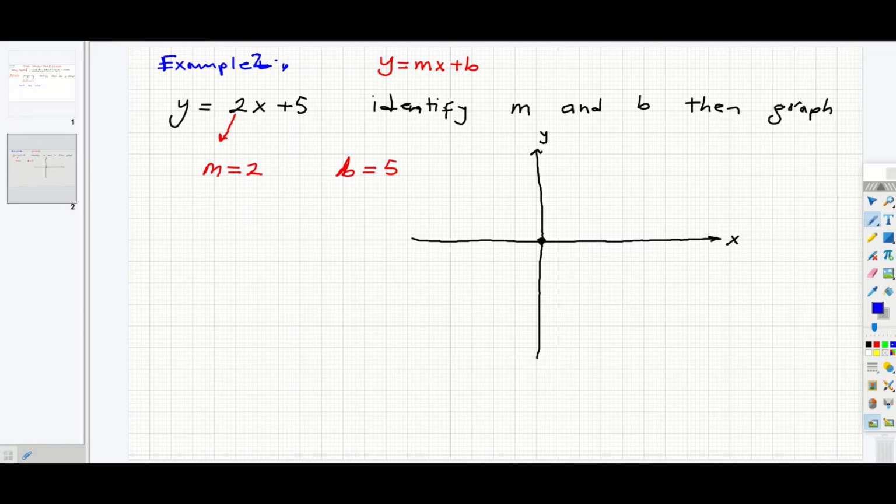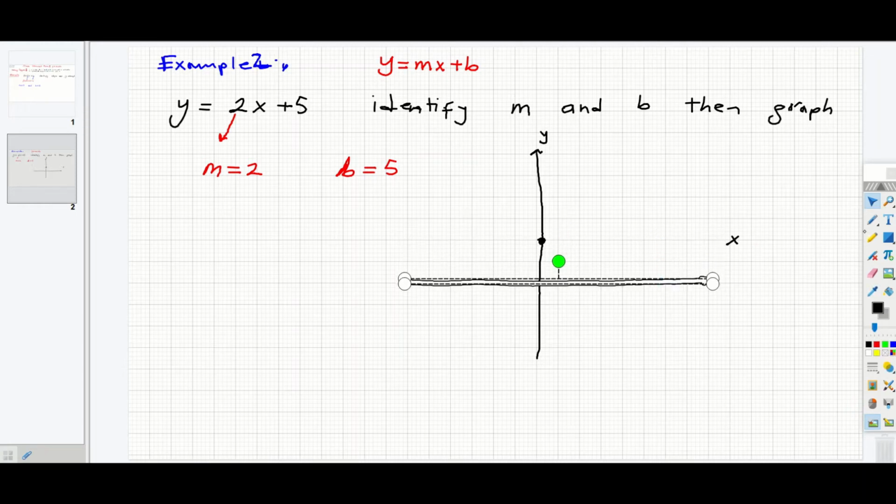Actually, I can move this down a unit, because we're going to need 5 units over there. That's why I moved it down.